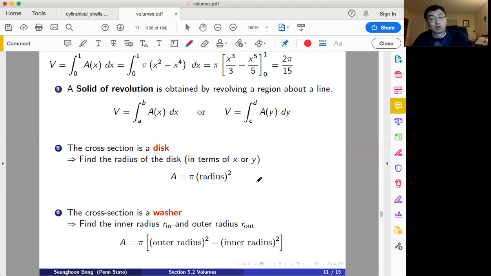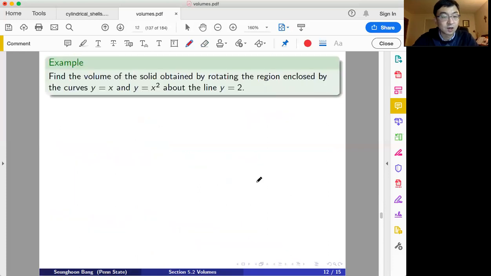So we have two kinds of cross sections. Okay. So far, do you have any questions with these problems? If you don't have any, we are going to the next problem here.